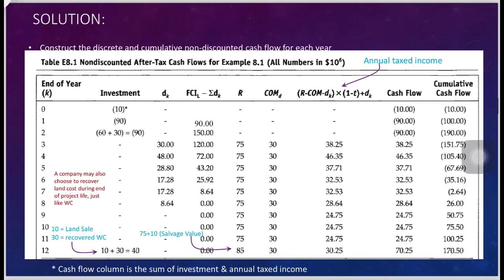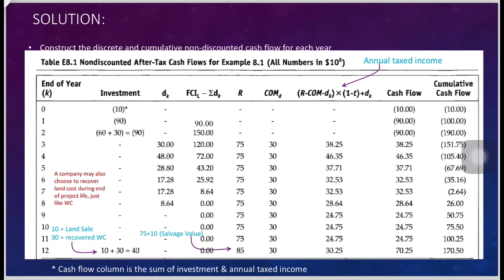Okay, so if you construct the discrete and cumulative non-discounted cash flow for each year, at the end of the table, you can see the cash flow and the cumulative cash flow. So the project life is 10 years plus the 2-year construction phase, that is 12 years in total.